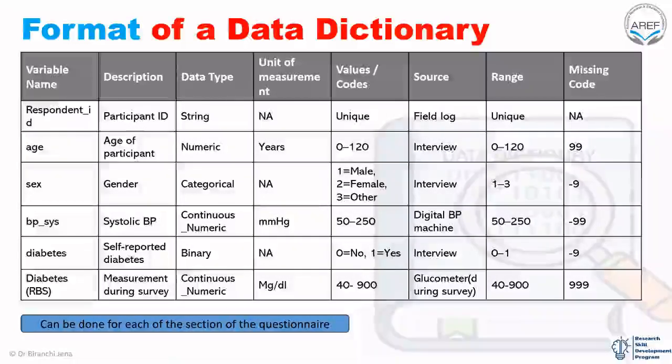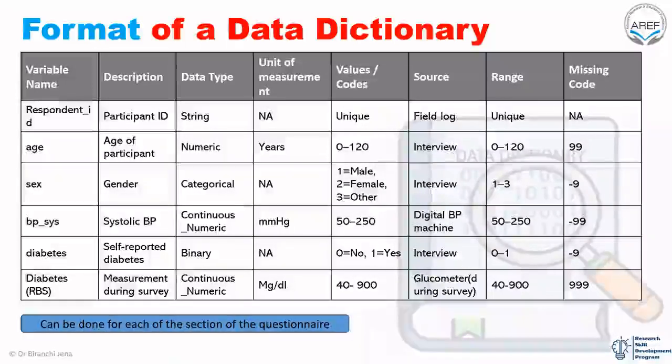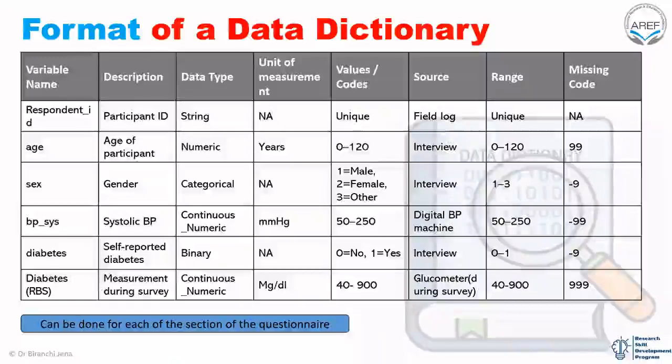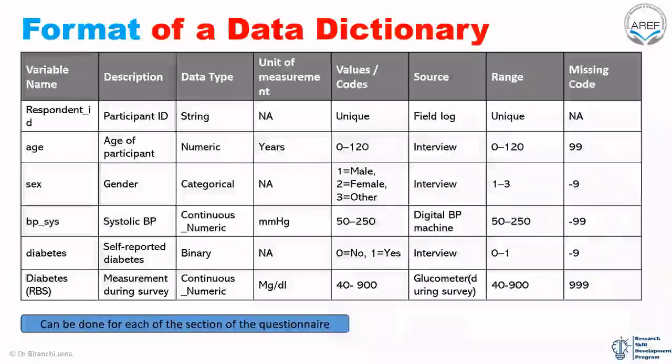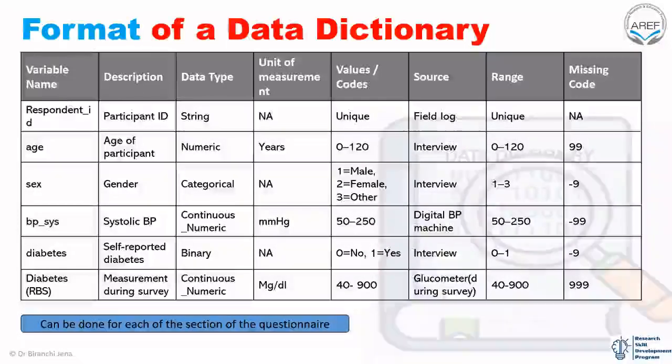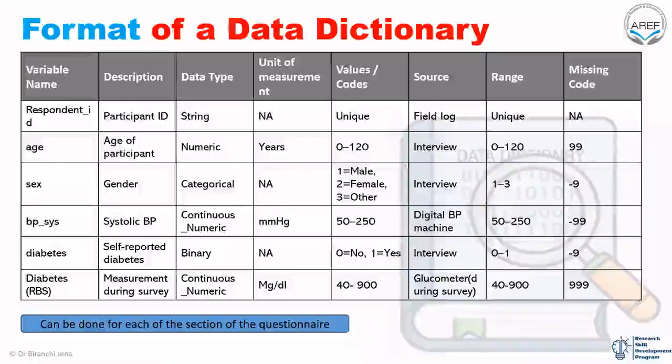And if you find it is very, very long to manage all of your variables, you can create one format for each section of your questionnaire. If you are doing certain surveys, then you can keep your socioeconomic background variables as one segment of the data dictionary, and all the medical and clinical related stuff as another segment.